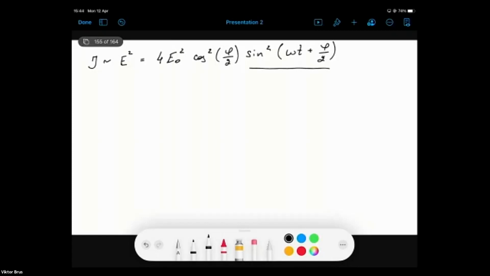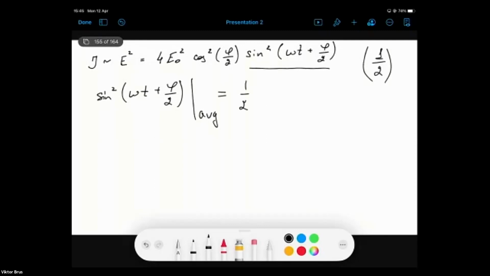And we have shown previously that the average over one cycle or more for such a function is actually equal to 1/2. So we can write: sine square omega t plus phi divided by 2 averaged over one cycle will be equal to 1/2.